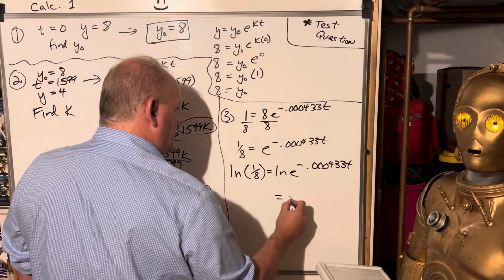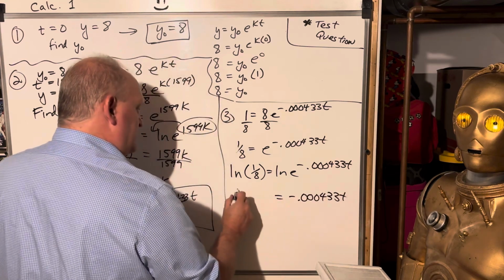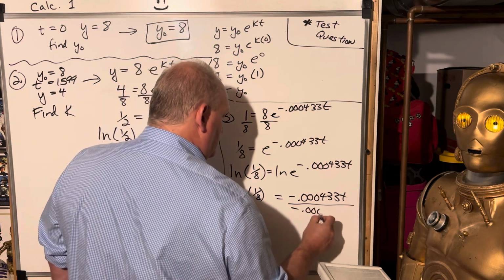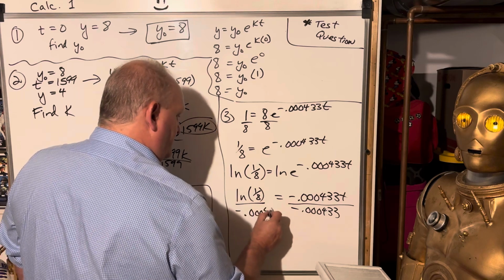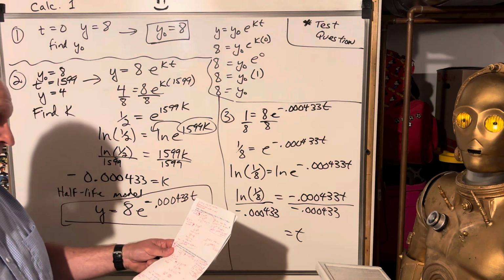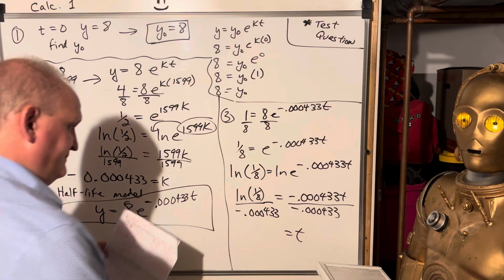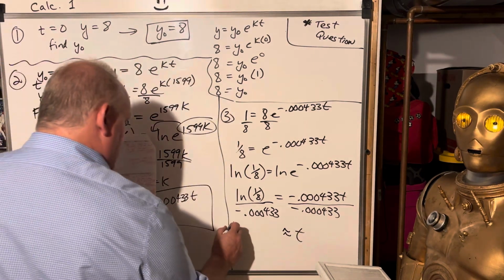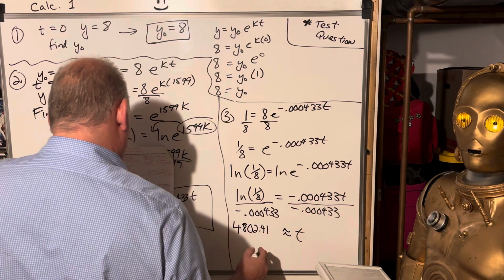Pull that down, so negative 0.000433t is equal to the natural log of 1/8, which we divide by negative 0.000433. And now, when you divide that, it's a little depressing. It's approximately 4,802.41 years.